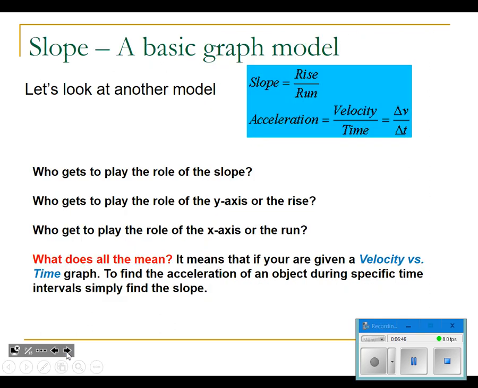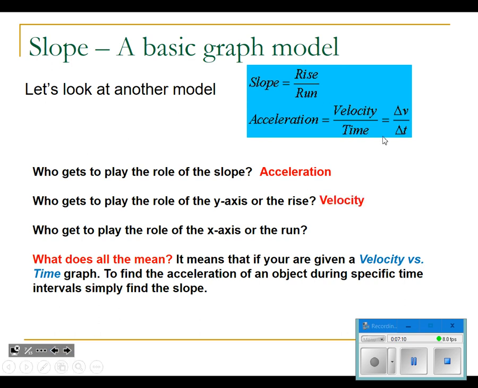So let's look at another model. If I use the acceleration formula instead, which is the change in velocity over the change in time, who gets to play the role of slope? The acceleration does. I said that wrong. So it's acceleration because it matches in the slope formula. Who gets to play the y-axis or the rise? Velocity does.